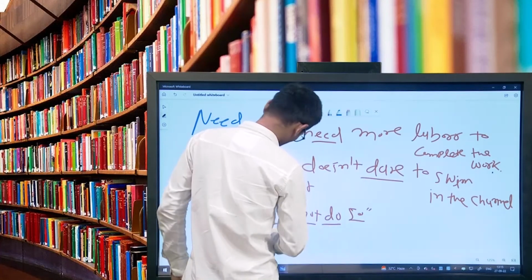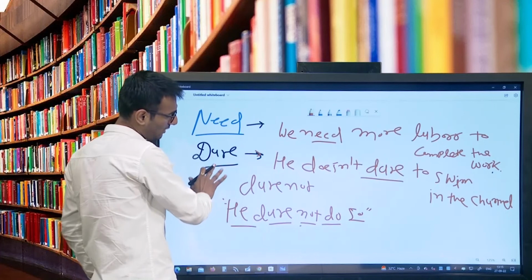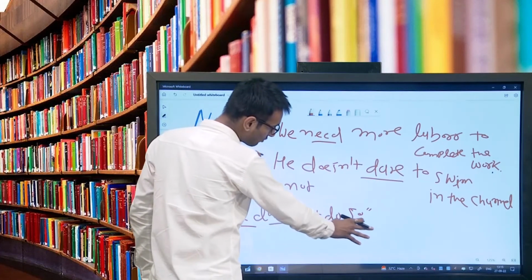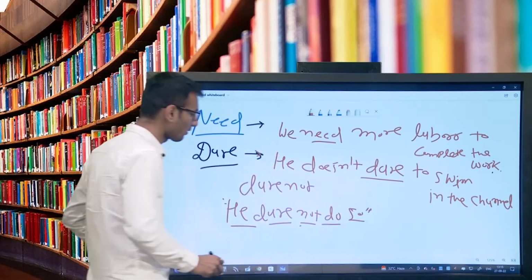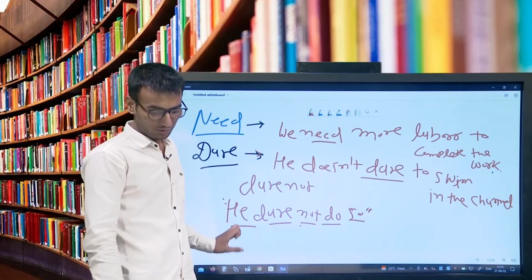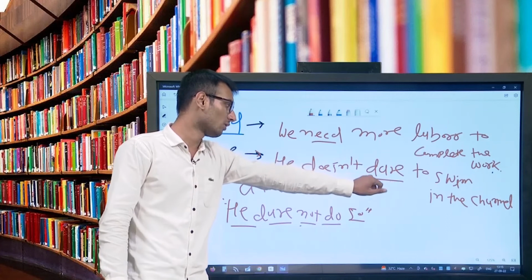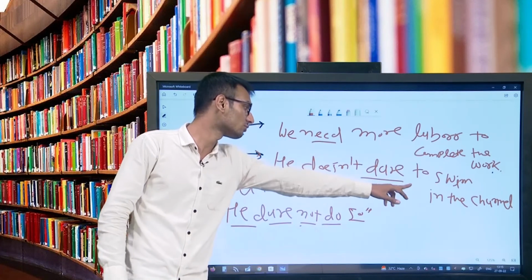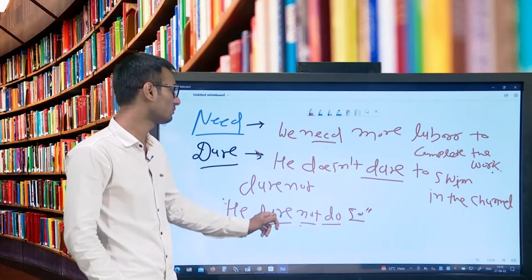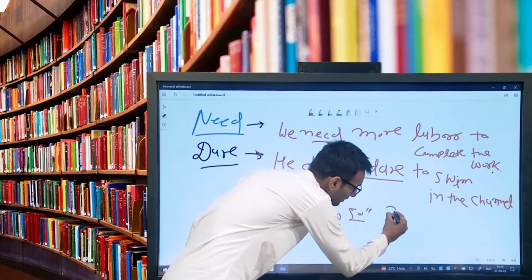When we use dare as an auxiliary, he dare not do so. And when we use it as a principal verb, it is he doesn't dare to swim in the channel. And generally it is mostly used with not, as we discussed earlier.